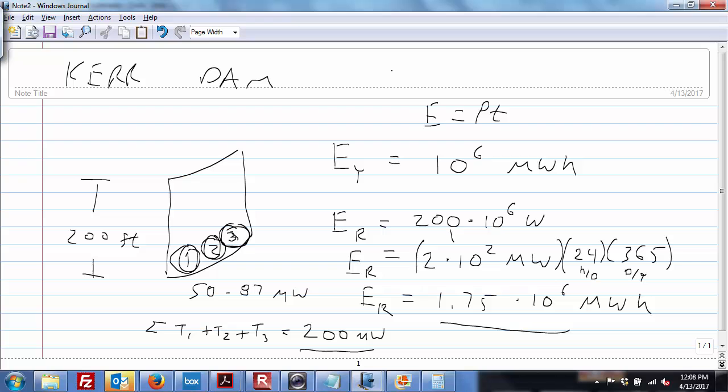So the capacity equals ER over E. Well, oh, the other way around. We want the little one on the top. That's weird.